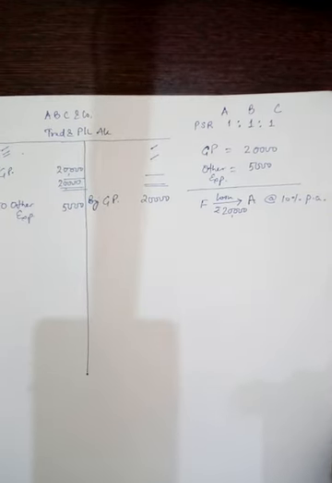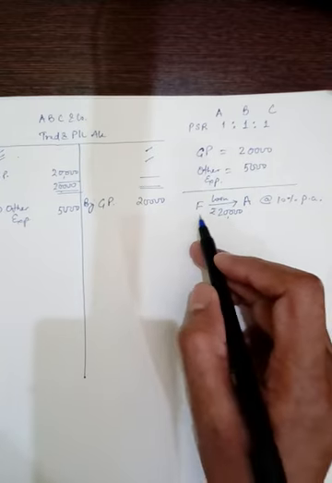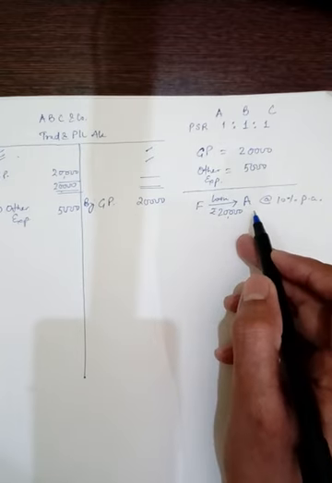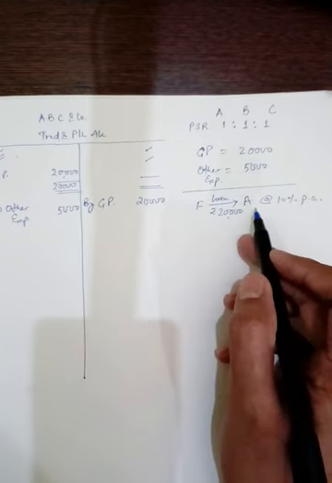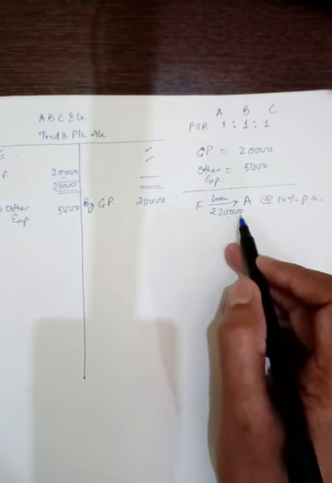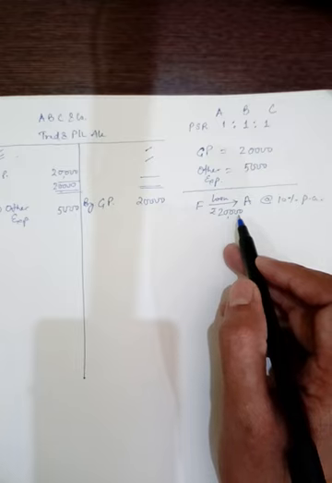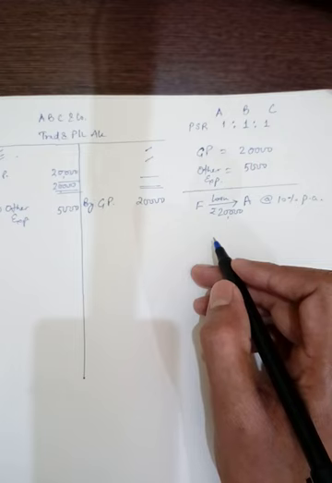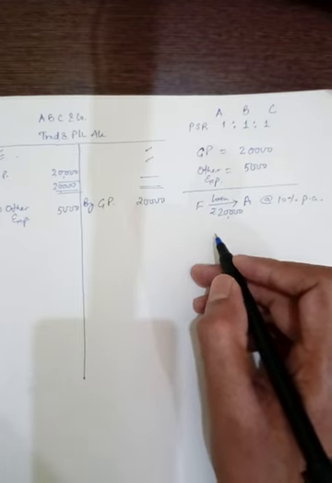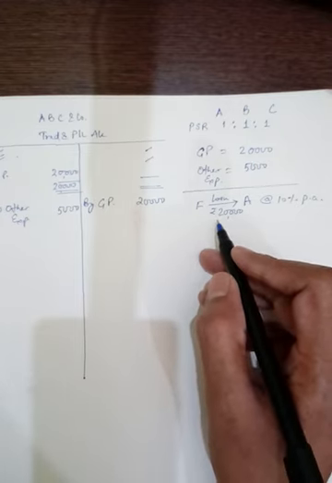Now you know that on this loan by the firm to Mr. A, the firm will charge interest from Mr. A, and that interest will be an income for the firm.